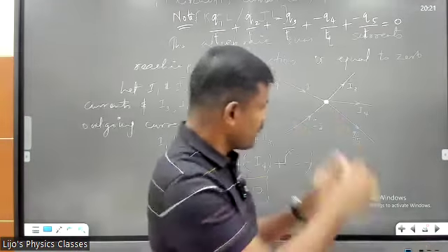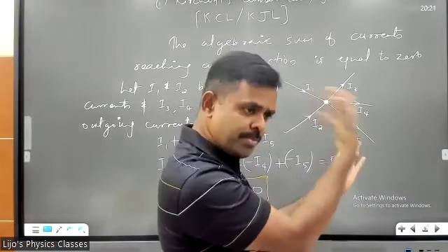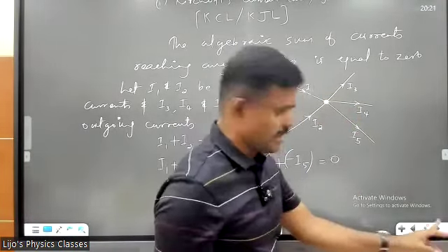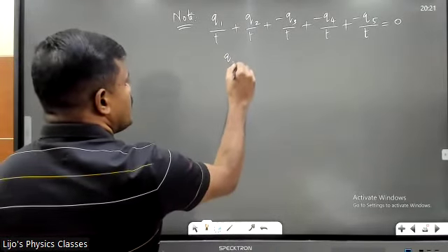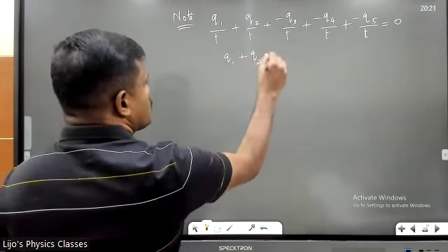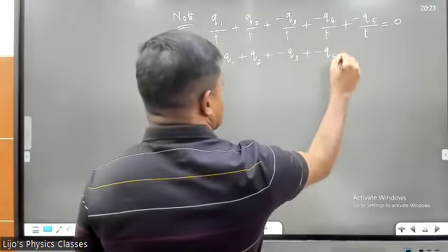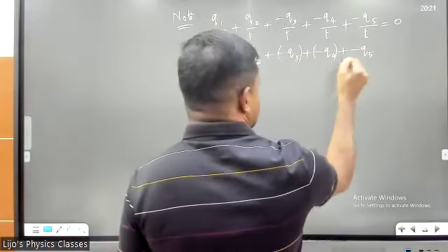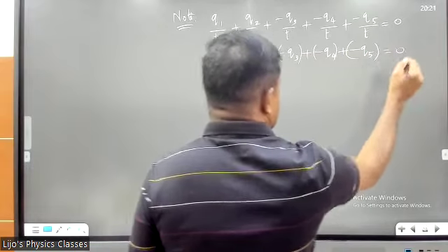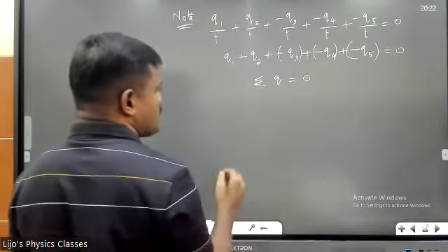So all the T's are cut. You're getting Q1 plus Q2 plus minus Q3 plus minus Q4 plus minus Q5 is equal to 0, which in turn means sigma Q is equal to 0.